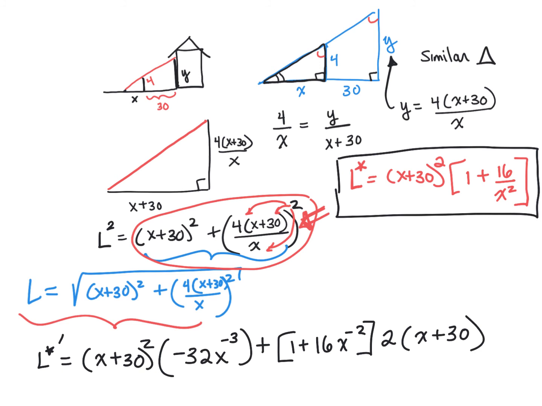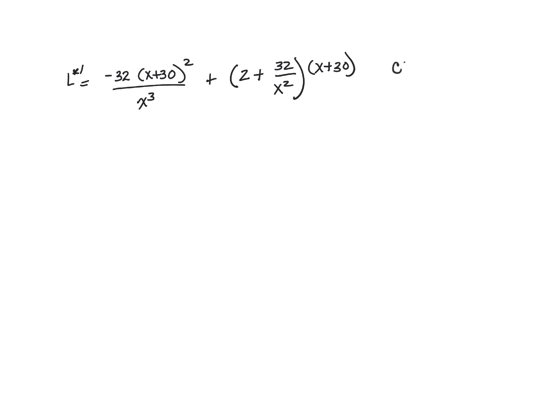So on the next page here, I'm going to rewrite this without these negative exponents. So let me write L star prime out again. It was negative 32 times x plus 30 squared over x cubed plus 2 plus 32 over x squared times x plus 30. So we need to find our critical point.